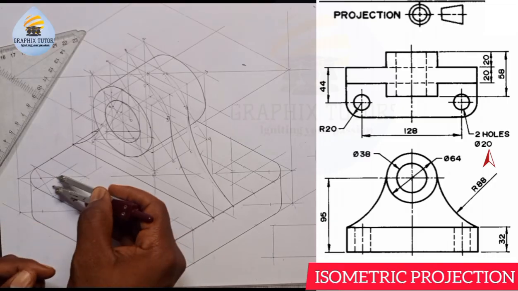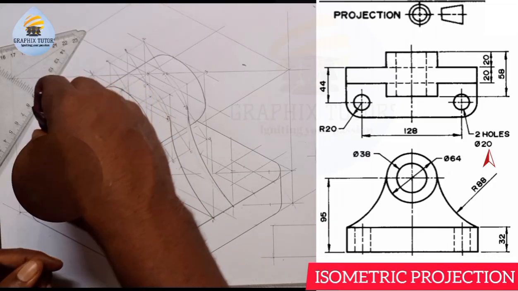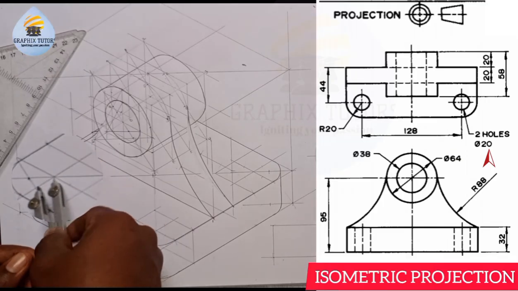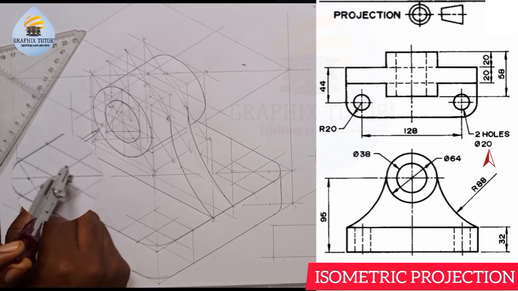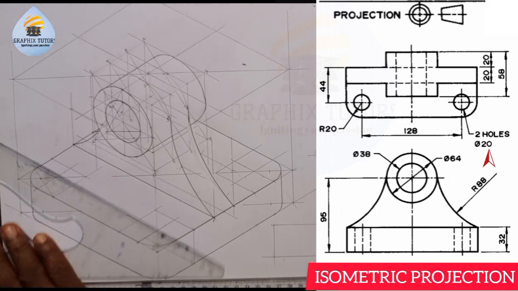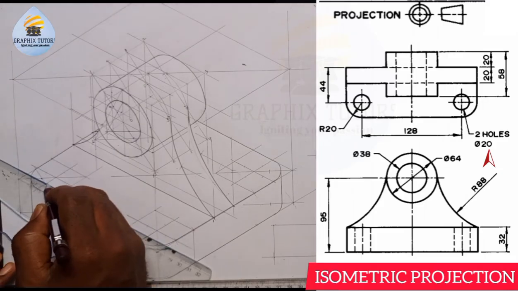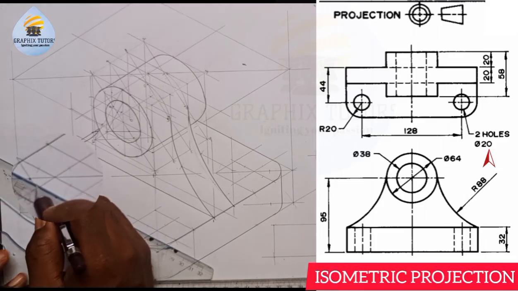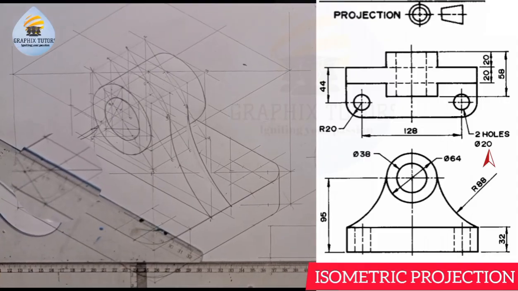I'll come here too, I'll mark 10 here, 10 here, 10 here, and 10 here. So this is going to be from this point. Draw your line across each of those points there.